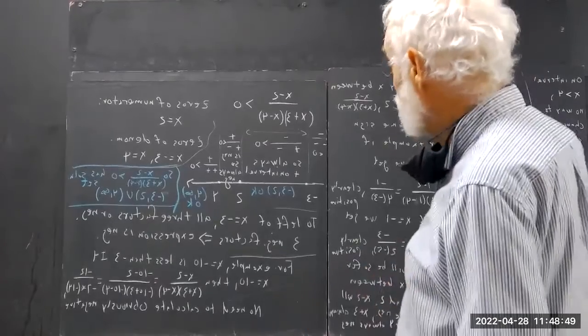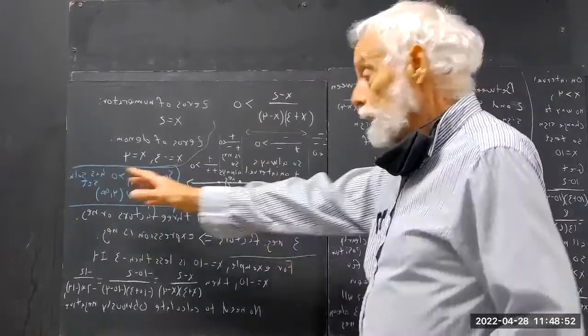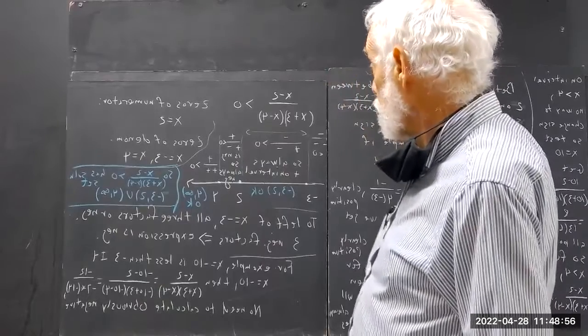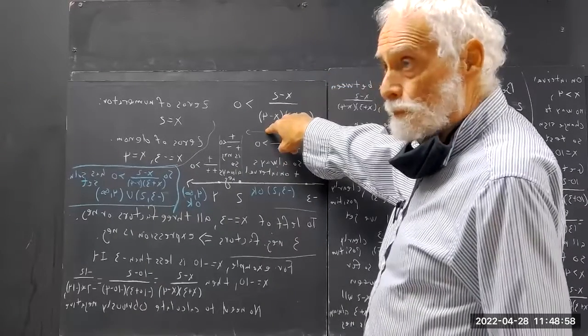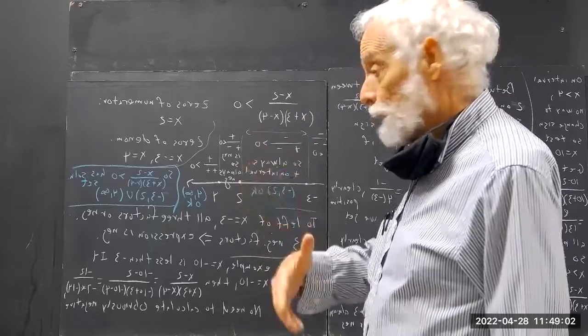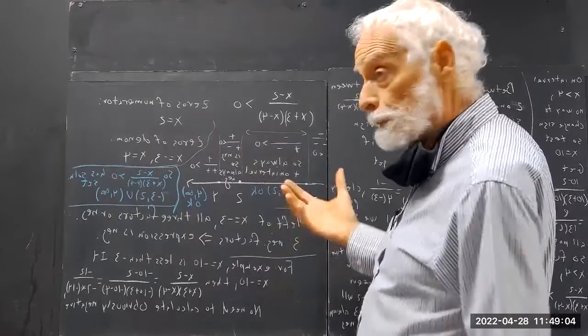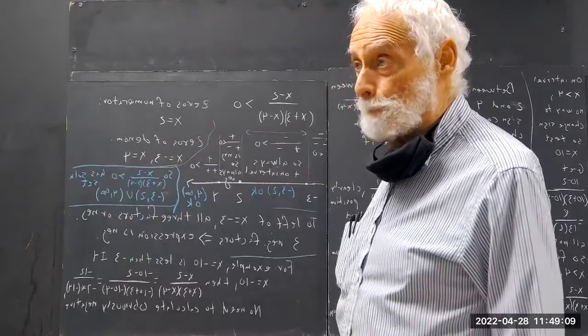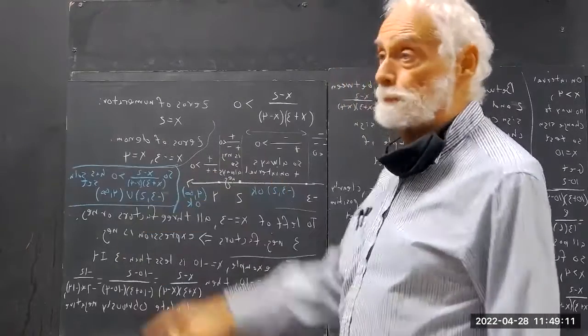So your rule is just divide the x-axis up into intervals according to where the zeros of the numerator and denominator are. Doesn't matter if it's a zero of the numerator or denominator. Divide it up, then test each interval.